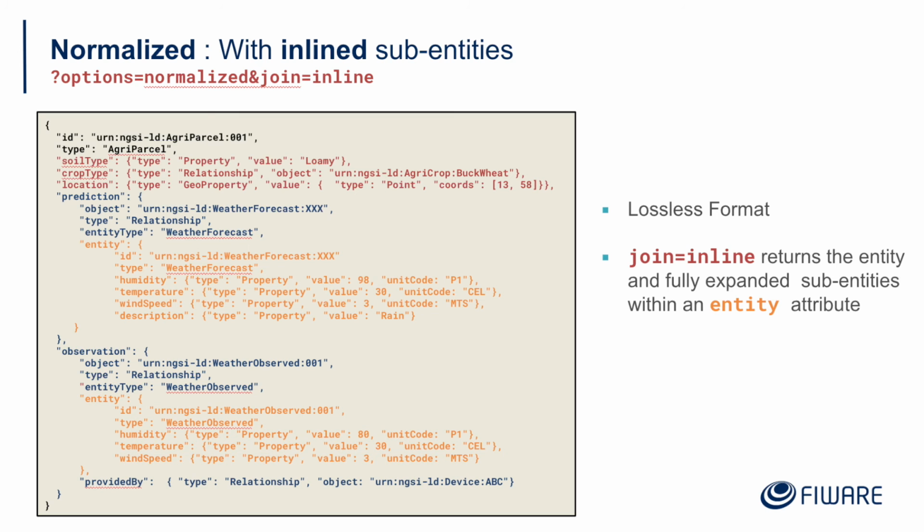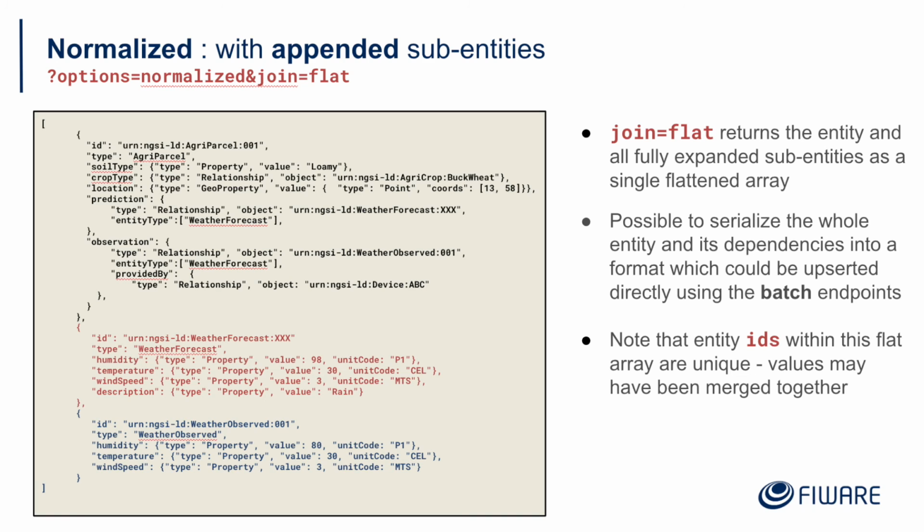The alternative to inline is flat, and this is where instead of getting entity data inside the entities, you will get effectively the format which you would use for a batch upsert. So every entity is at the top end of the array.